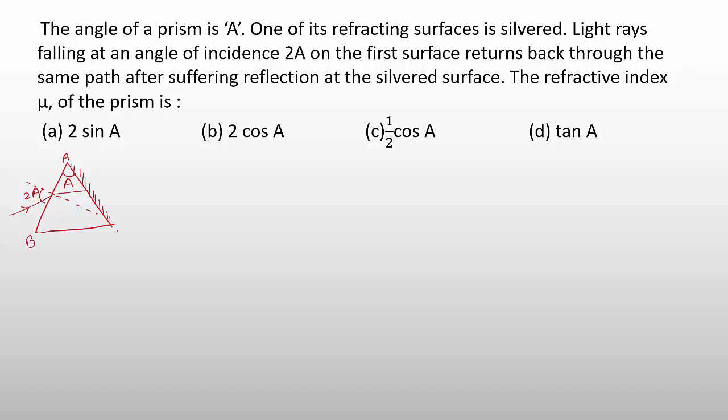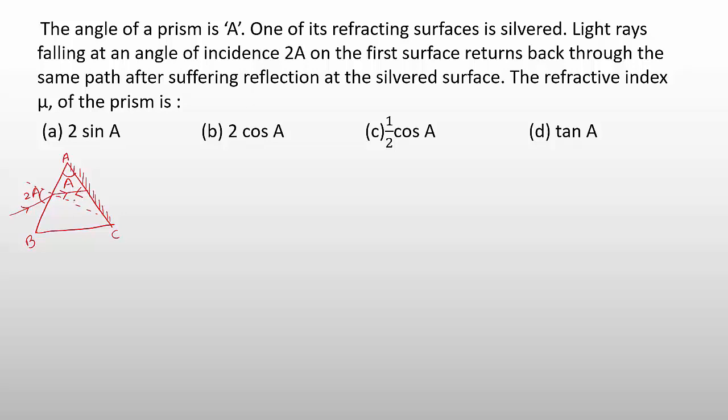When it falls on the second surface, this ray of light is returning back through the same path after suffering reflection. That means when this refracted ray falls on the second surface, reflection of light takes place so that this ray of light is returning in the same path but in the opposite direction.